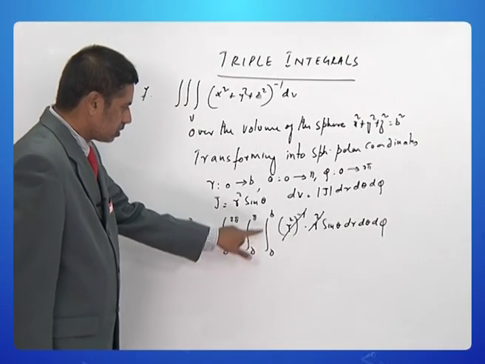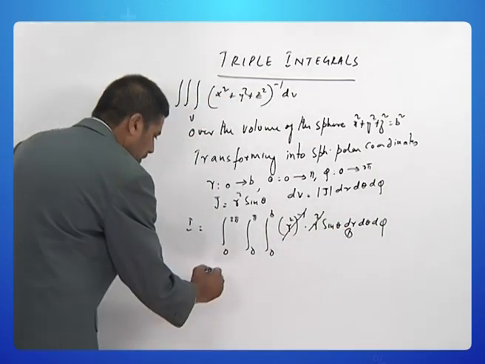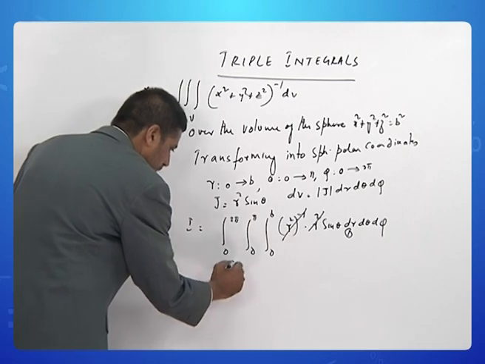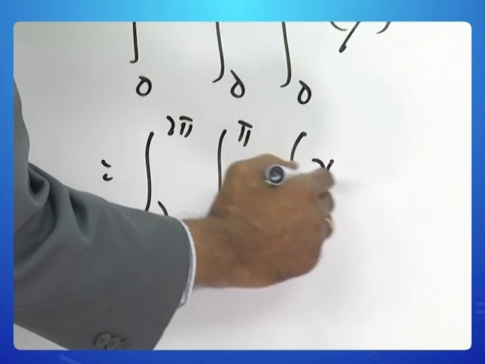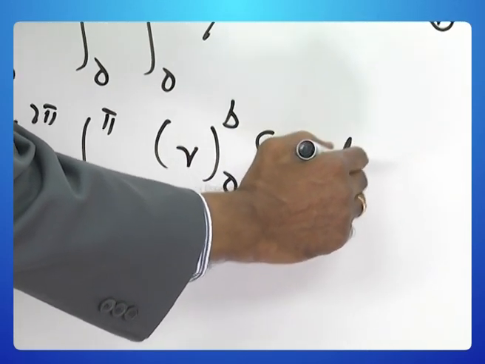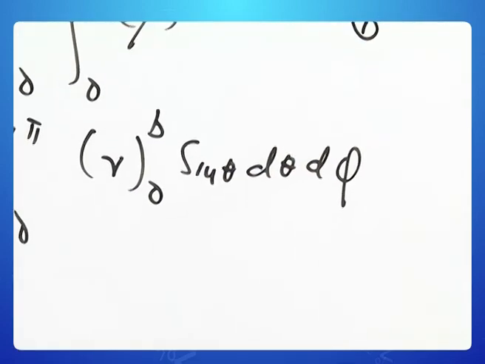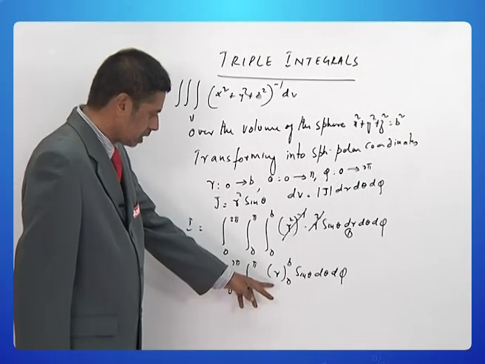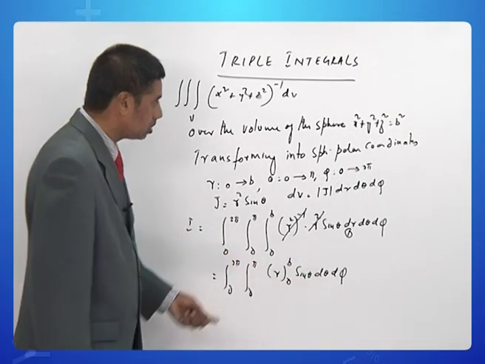So the first integration is with respect to r, so you will have 0 to 2 pi, 0 to pi, r from 0 to b, sine theta d theta d phi. So this will give us b, and the integration of sine theta from 0 to pi will be 2.